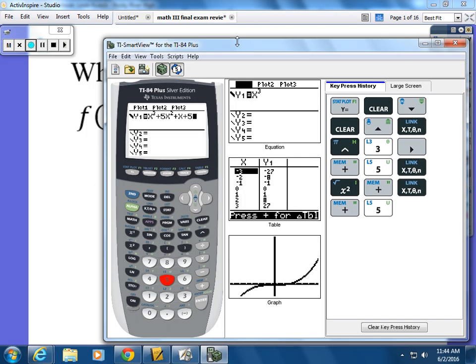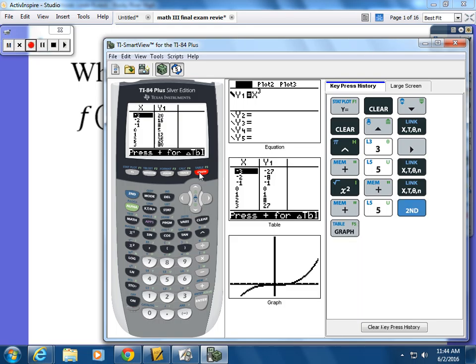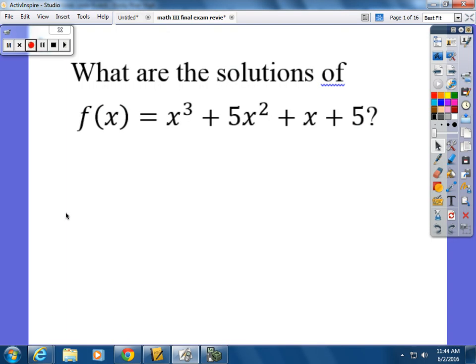Yep. And then you're going to look at the table and find where y equals 0. So let's keep going, and we have y equals 0 at x equals -5. So our solution is -5.